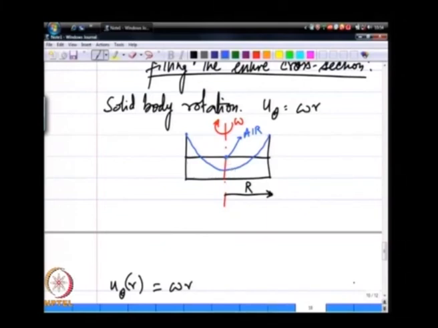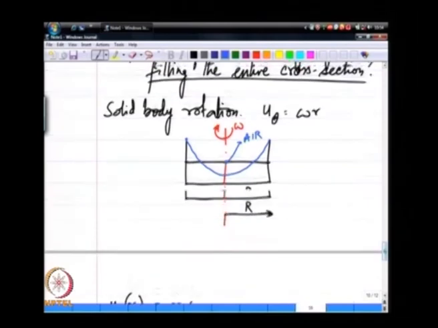Before I started the spin up process, there was pure liquid. Now, as I spun the container up to some finite angular velocity omega, the air which was outside got dragged in because of the pressure gradients.